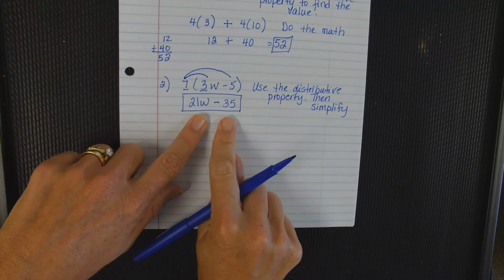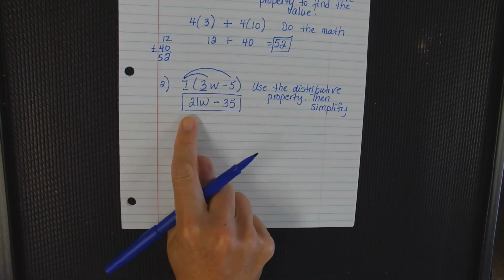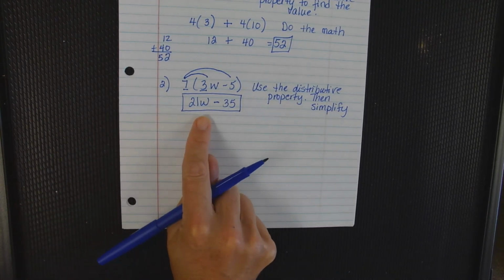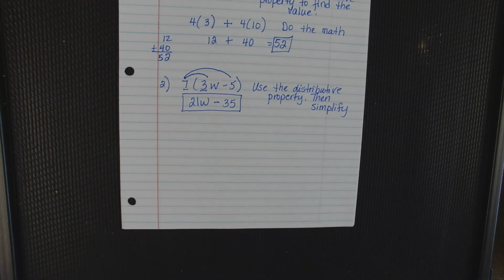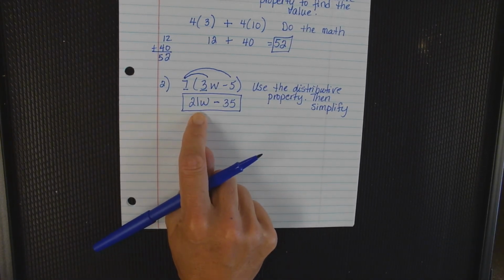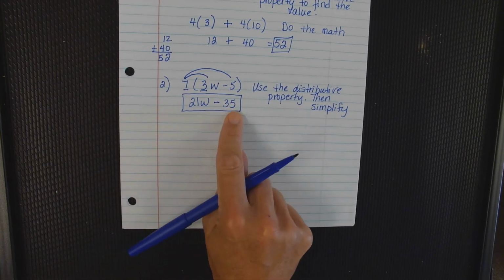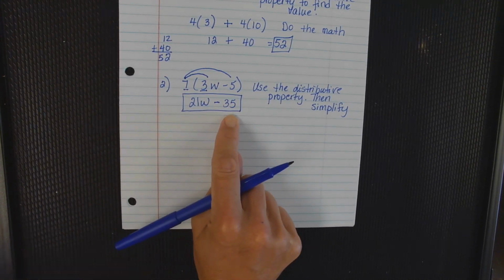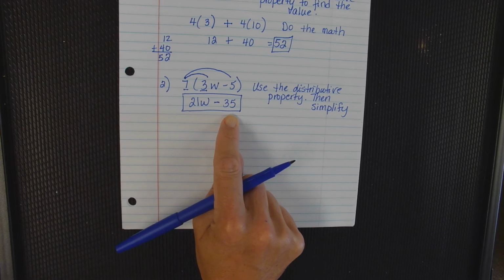Why can I not simplify that anymore? Because it's a variable. Okay, it's like apples and oranges. Y'all think about, those are two separate fruits, right? They're not the same, right? 21W is by itself. There's no more W's. This is a number without a variable. You are done. Okay, there's nothing else you can do.